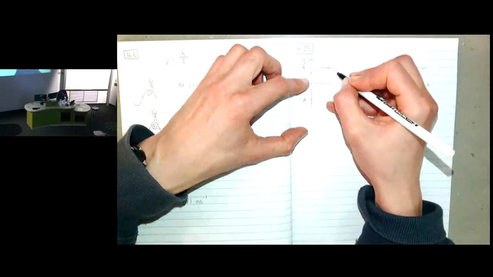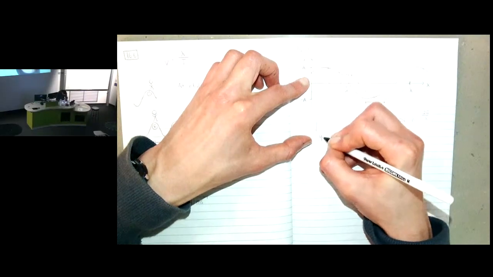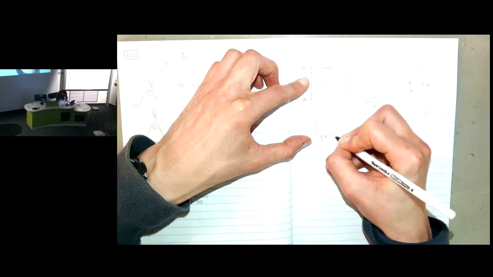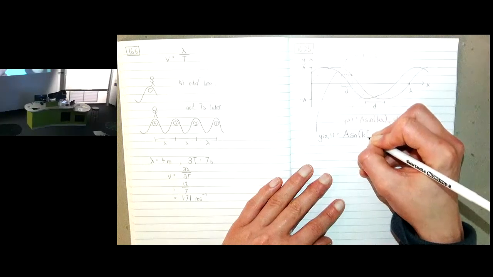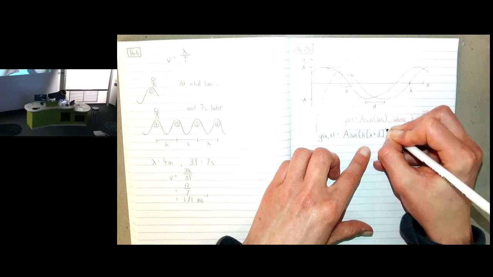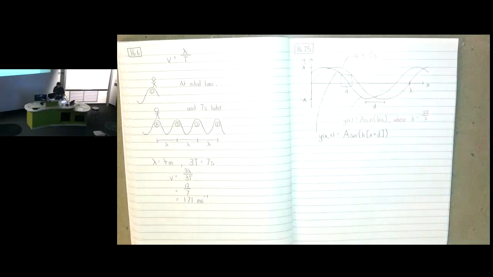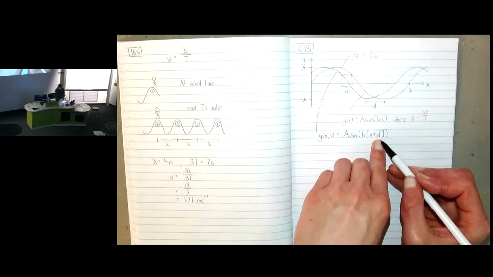So this curve here is going to be, let's call it y(x, t), equal to the amplitude times sine of k times (x plus d). Now we could ask, what is this d?